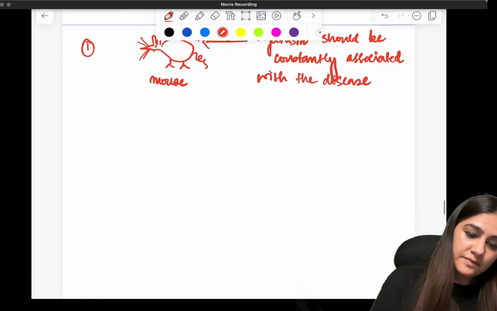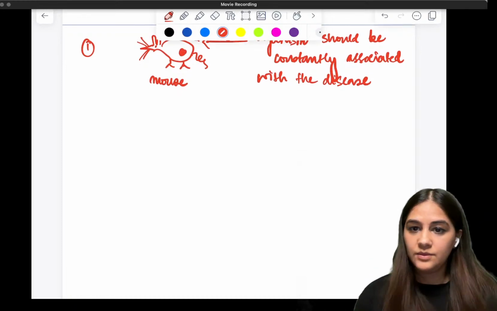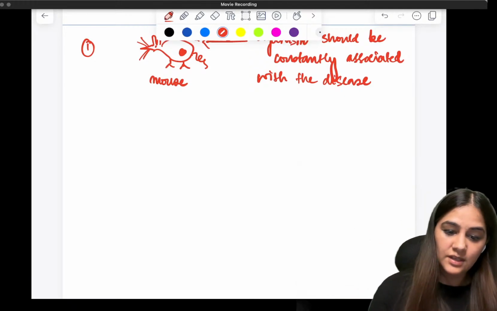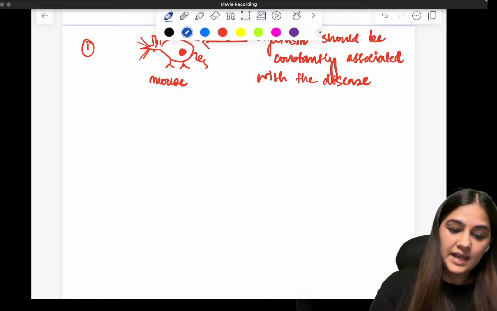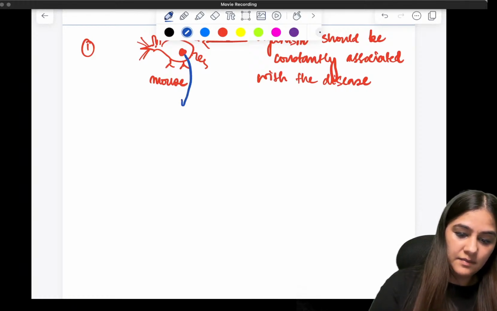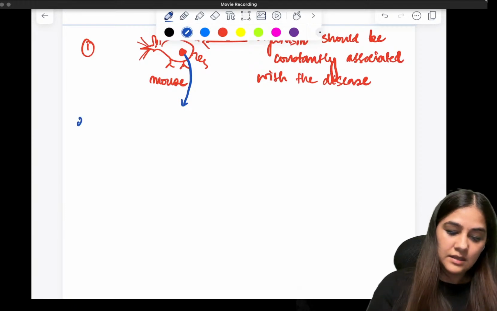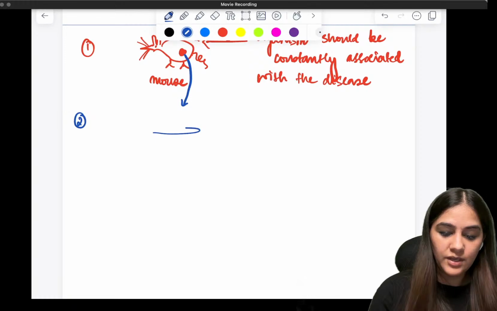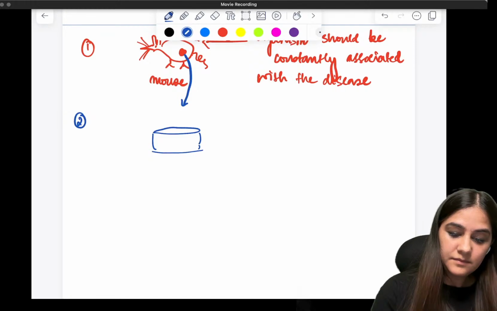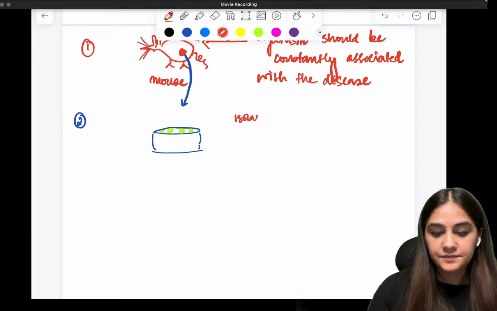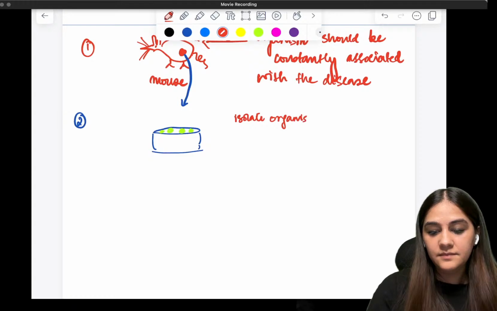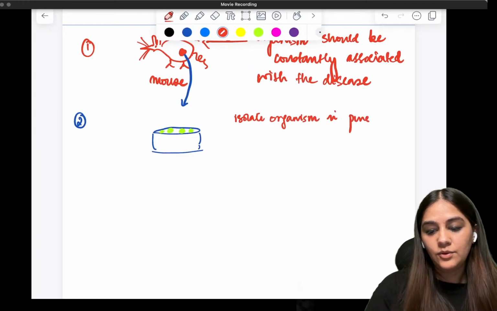Then what did he say? Suppose it caused some kind of an ulcer on the mouse, some kind of a hypersensitivity reaction, right? Sorry. So next what he said is that if I take some sample from this wound and I grow it on a plate, I should be able to isolate this organism in pure form.